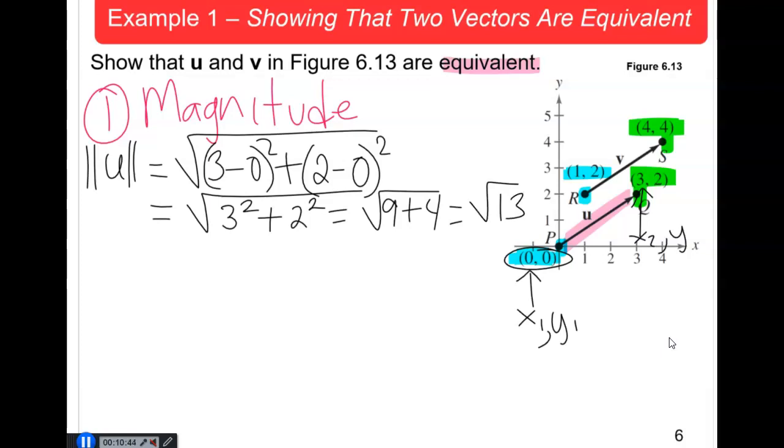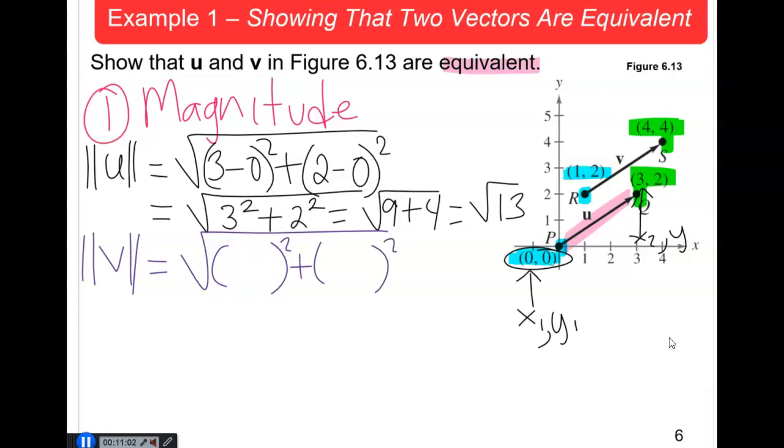So now let's go ahead and do the same thing, but for the other vector. So that would be vector v. So we're going to need the square root of the difference of the squares. Actually, I said that wrong. But okay, we're going to substitute. I'm going to write the distance formula here.